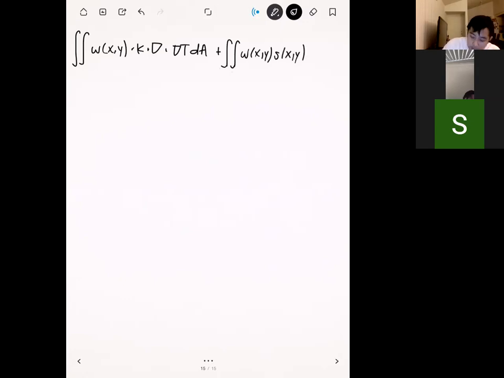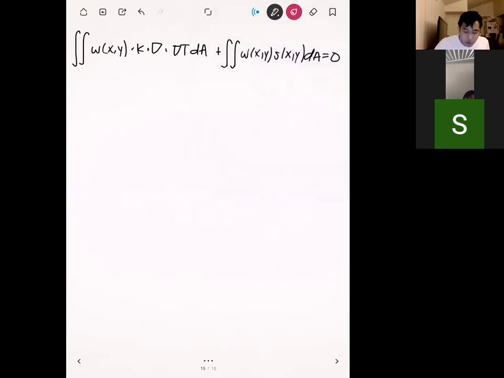Okay, so let's write out those two integrals that result from this. First thing, we're going to have an integral over the Laplacian term. So this is going to be a term with an unbalanced derivative. And so we have W of x and y multiplied by k multiplied by the divergence of the gradient of T, dA, plus the double integral of W of x and y times S of x and y, dA, and this is equal to 0.